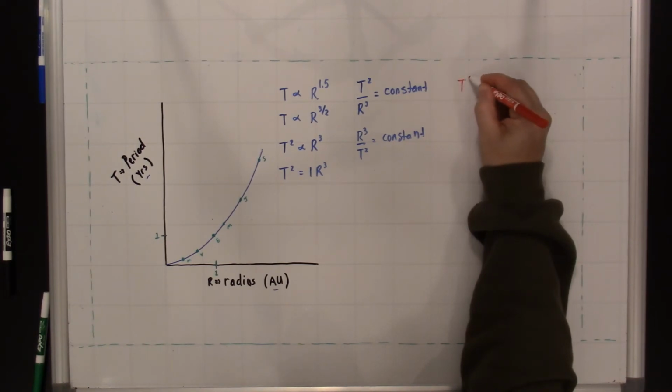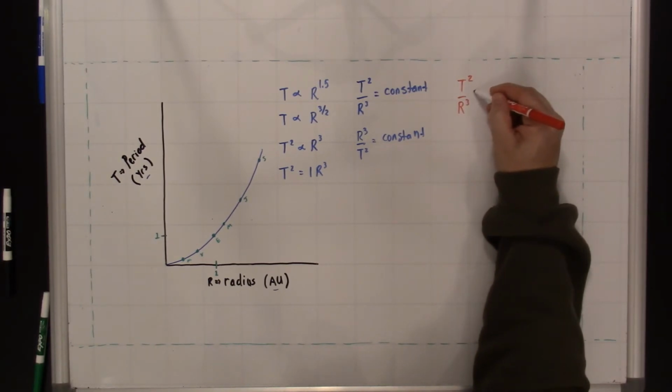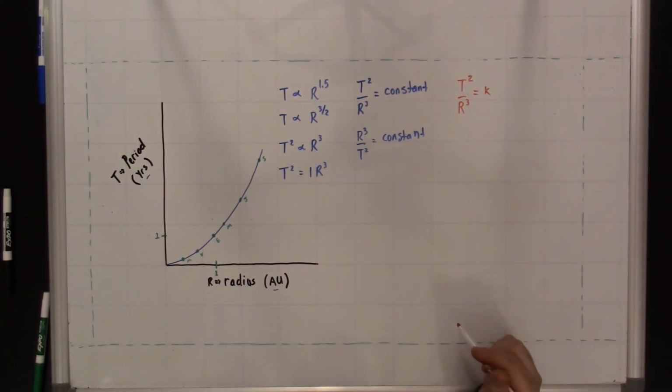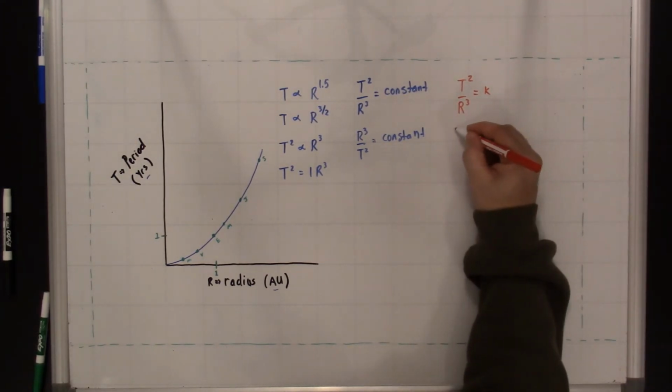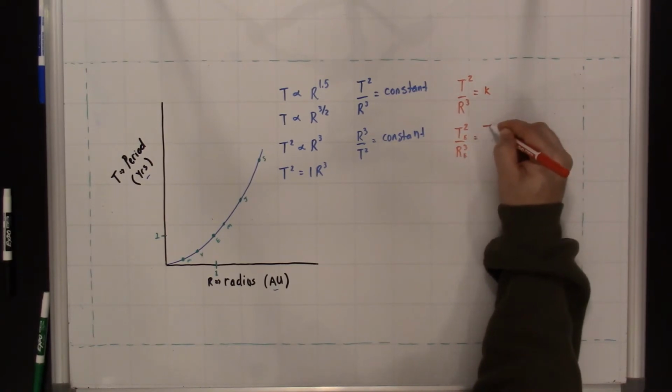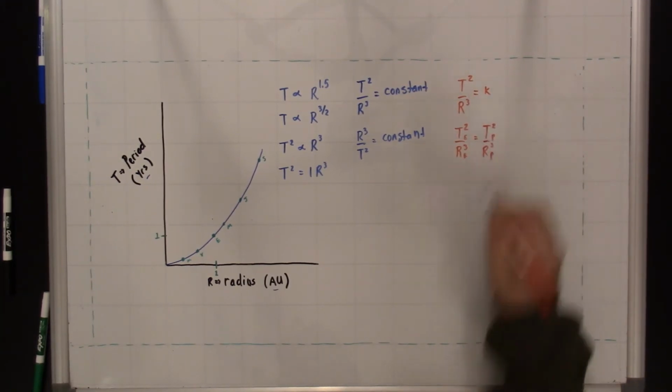I know that the t squared over r cubed ratio is constant. We're going to use a little k for constant for all planets in the solar system. Therefore, I could say t squared over r cubed for Earth, I'll put an e here for Earth, has to be equal to the t squared over r cubed for this new planet, which we'll call p for planet.